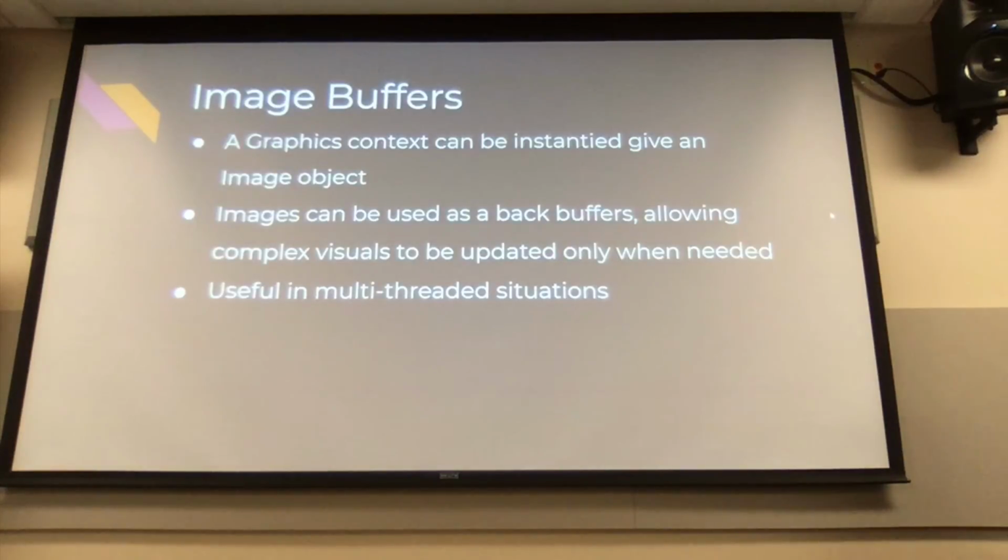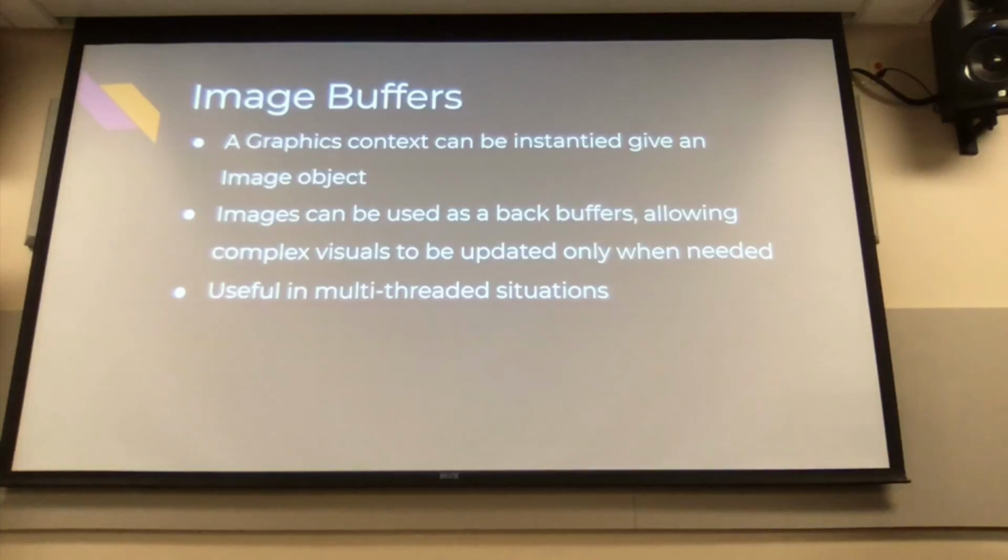Cool. So that gets us into image buffers. As noted in the last example, the image object itself was a member of the demo class. So that's going to be kept around whether we're drawing to the screen currently or not. And this can be useful if you are doing more complex graphics that you only want to update every so often, or something that you need to fill out beforehand and draw to the screen at some point later.